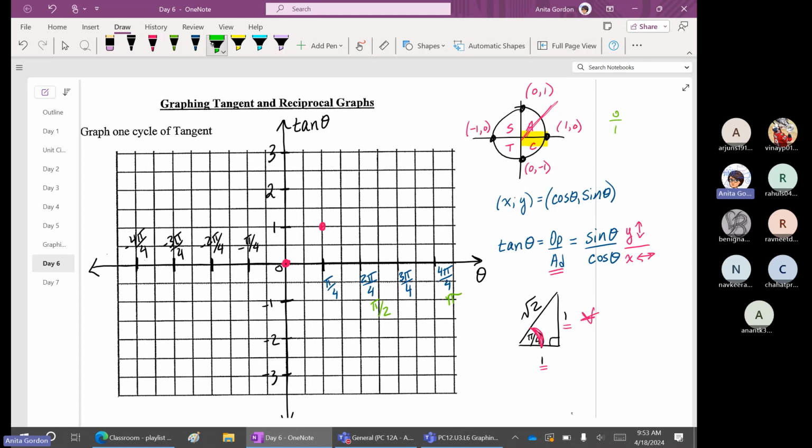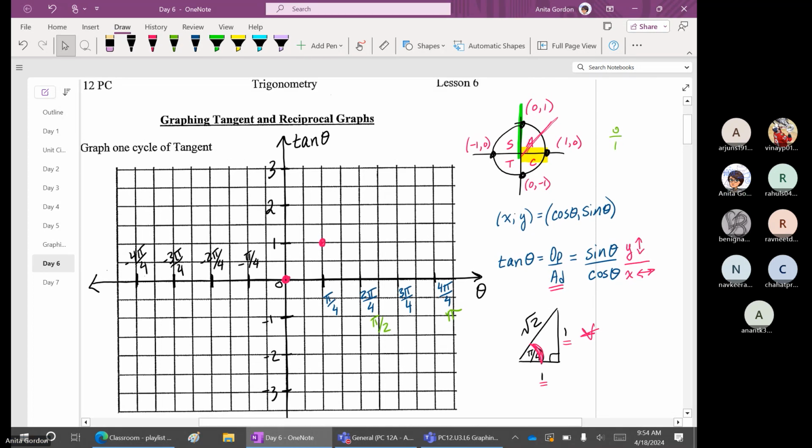Okay, what happens when we are on the y-axis at the point 0, 1? What would be my fraction? It is 1 over 0.